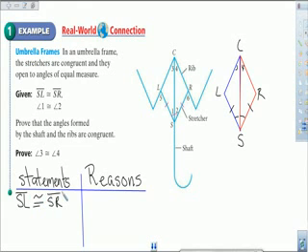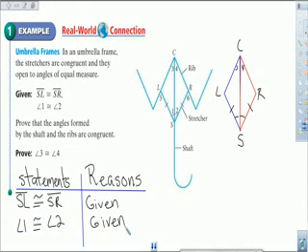If I can show that my triangles are congruent with these three parts, then I can see the rest of them will be congruent. So I use these to prove this, because what I really want to show is one of these. And you'll see that in a second. Okay? That is our next example.